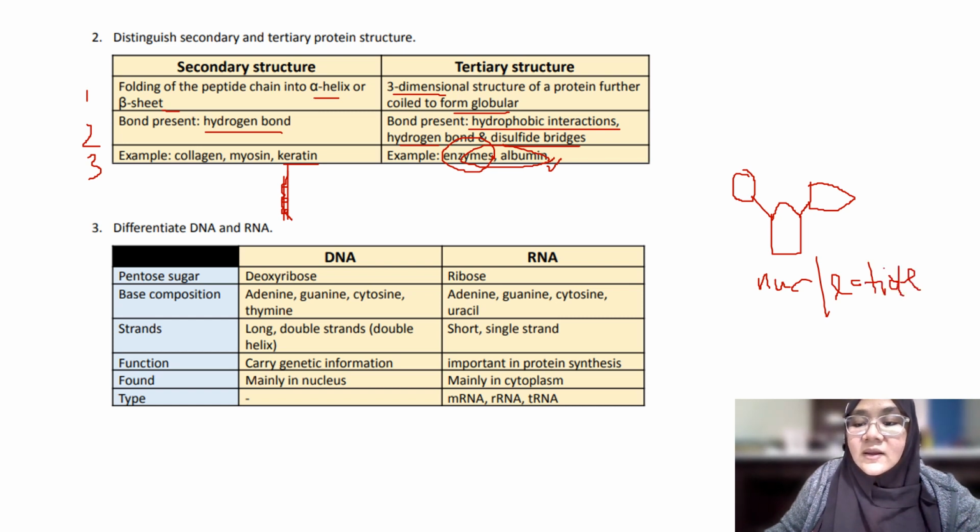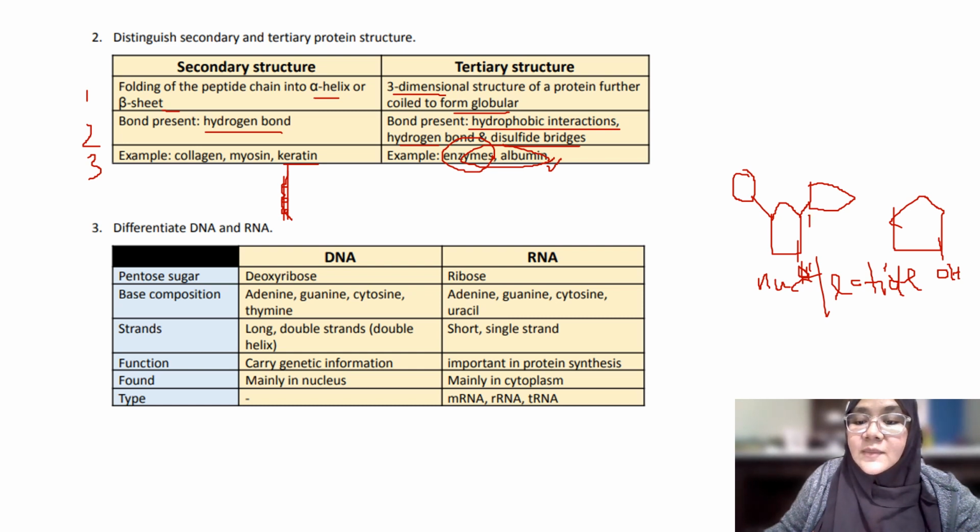Okay, and this is the difference between DNA and RNA, where for the nucleotide itself, DNA has the structure with no oxygen at the OH, only a hydrogen atom. However, RNA has OH at carbon number 2. Okay, this is carbon number 1, this is carbon number 2.